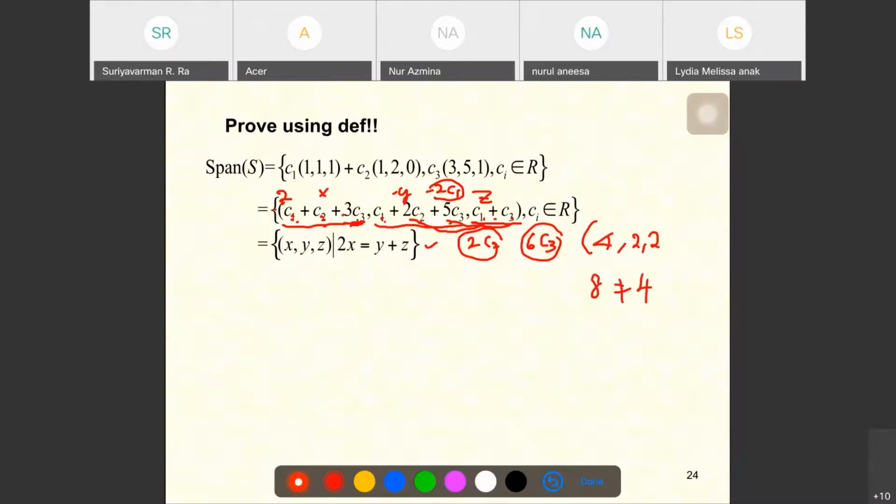Okay, if you put 4, 1, 1, again 8. 1 plus 1 is 2. Wrong. It must be Y plus Z must be 2X. So if I take 4, 4 times 2 is 8. What combination gives 8? 5, 3.